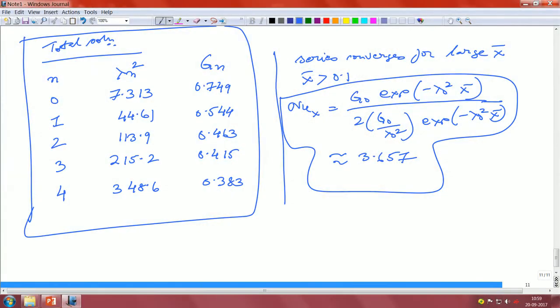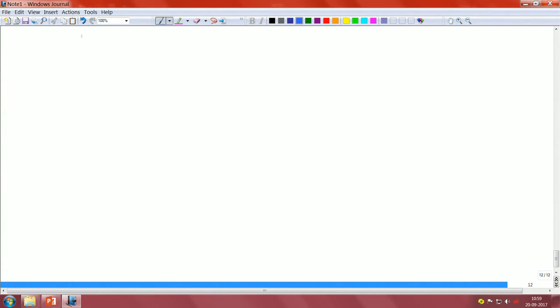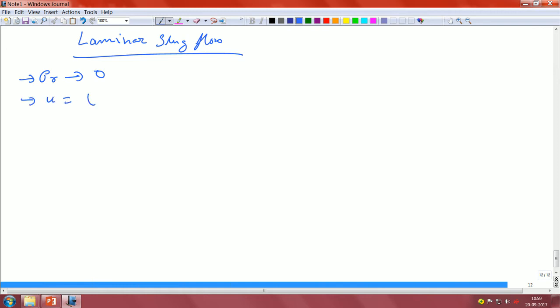Now we can look into a variation of this similar problem, which we call the laminar slug flow, okay. We will introduce the problem here. So laminar slug flow normally happens when the Prandtl number is very low and your U is basically a constant.